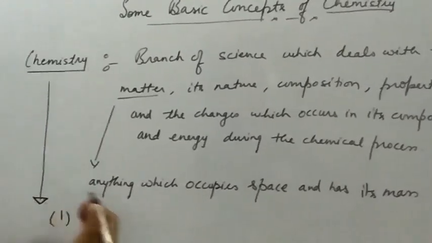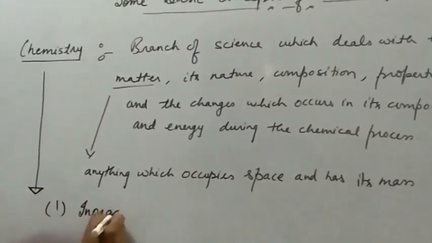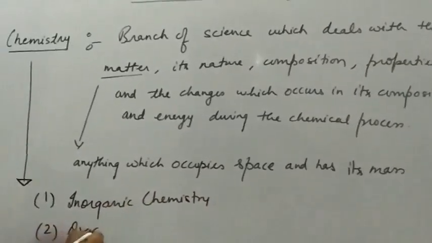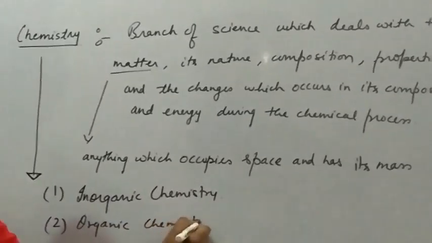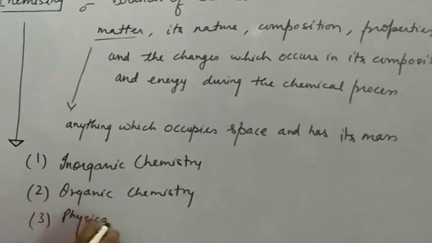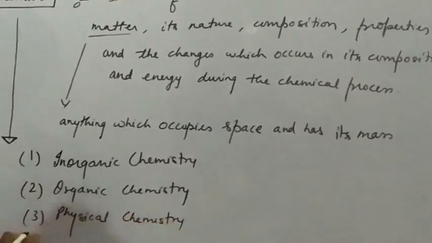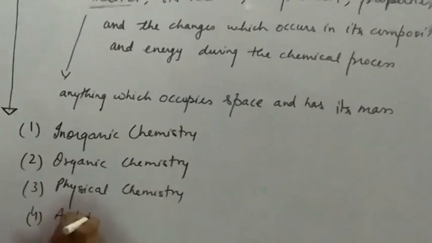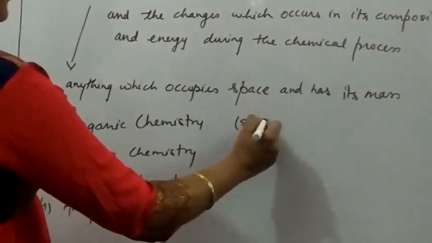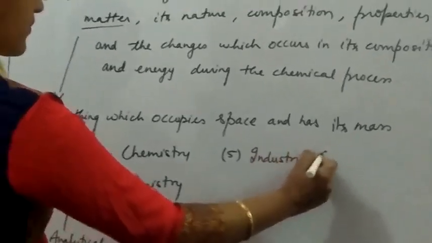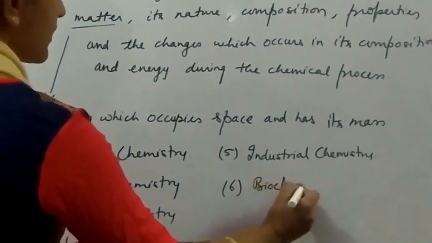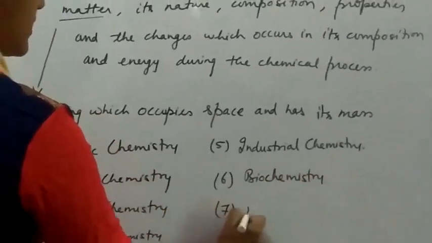So chemistry is divided into inorganic chemistry, organic chemistry, third is physical chemistry, fourth is analytical chemistry, fifth is industrial chemistry, sixth is biochemistry, and seventh is nuclear chemistry.